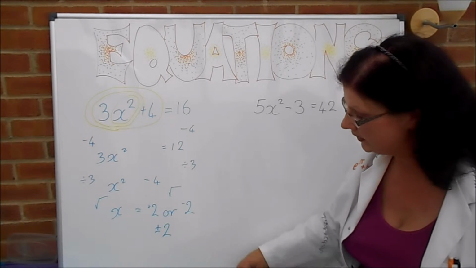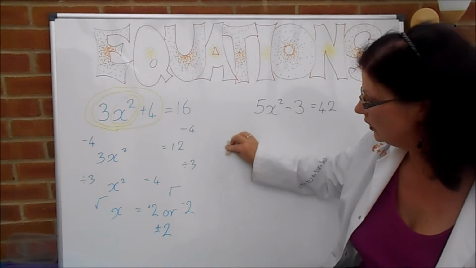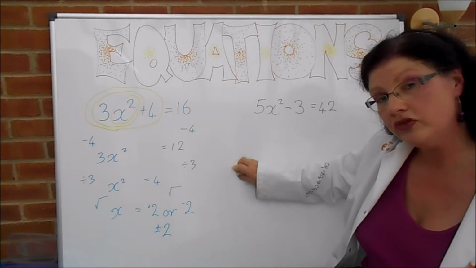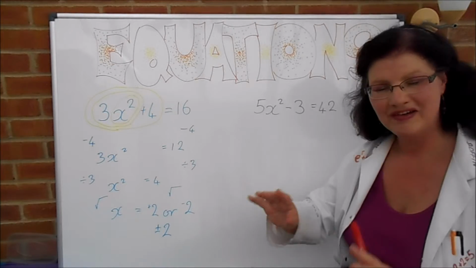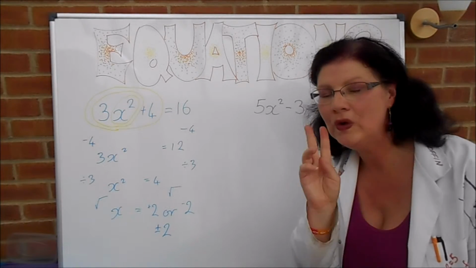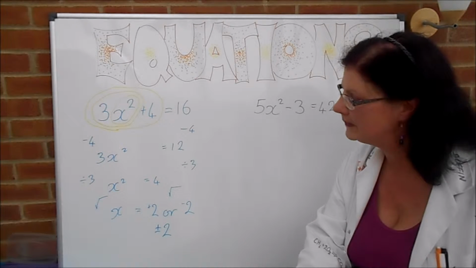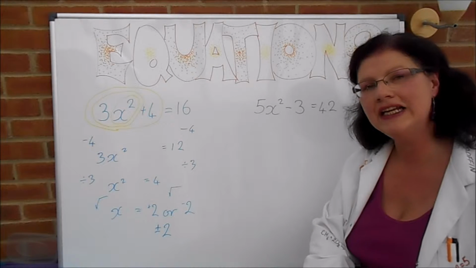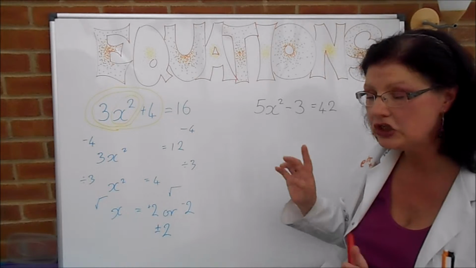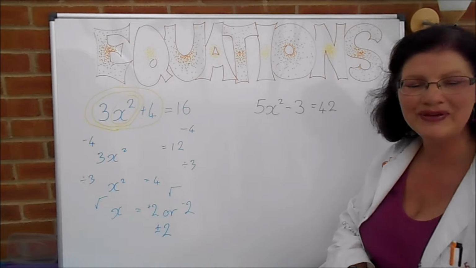That shows that it's positive 2 or negative 2. Either answer is fine. So when you're square rooting things, remember there are 2 answers to all your square root problems. So using that technique and using amazingly similar working, just different numbers, could you please pause the video and have a go at the purple one?